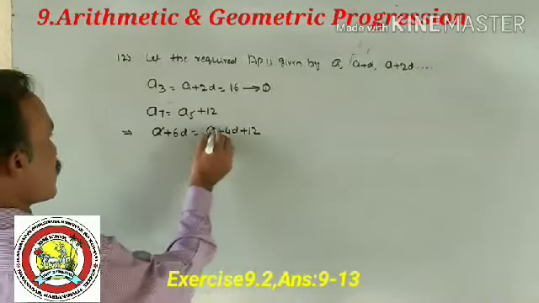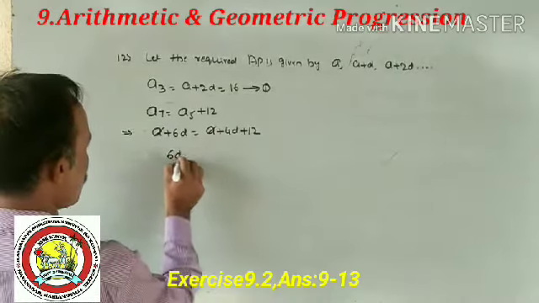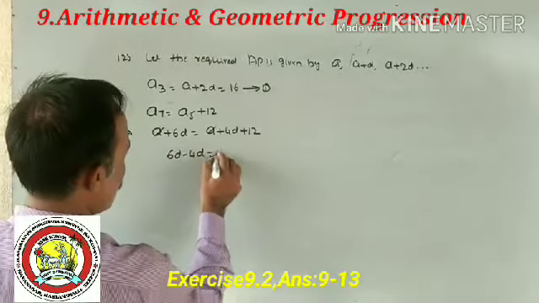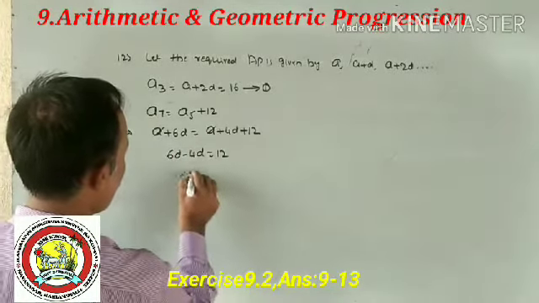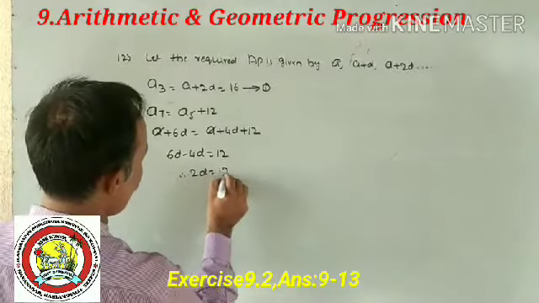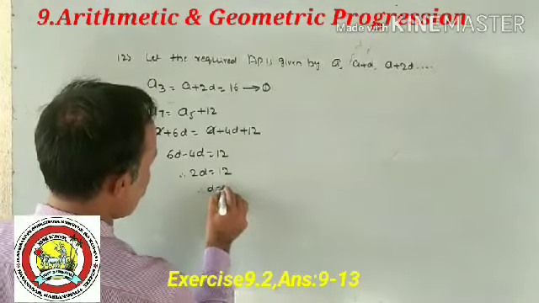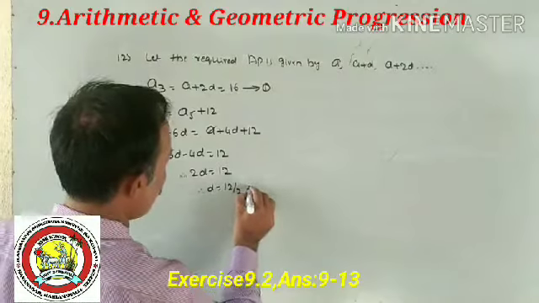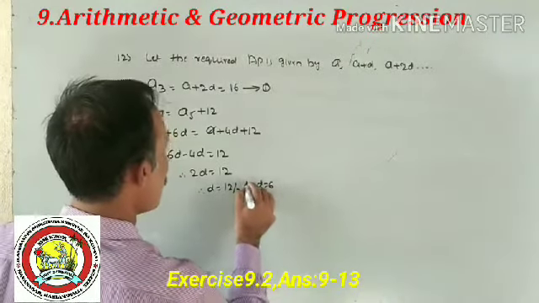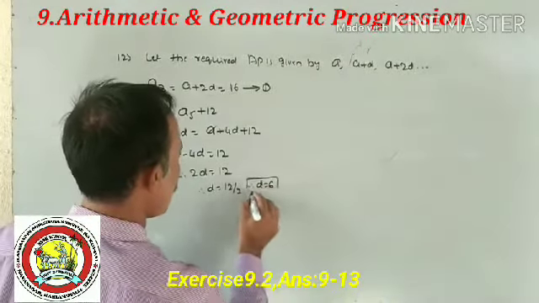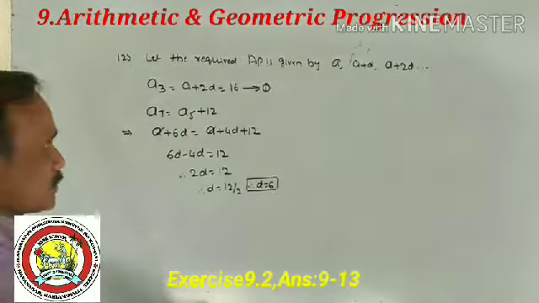So A gets cancelled. 6D minus 4D is equal to 12. Therefore 2D is equal to 12. Therefore D is equal to 12 divided by 2. Therefore the value of D, that is the common difference, is 6.